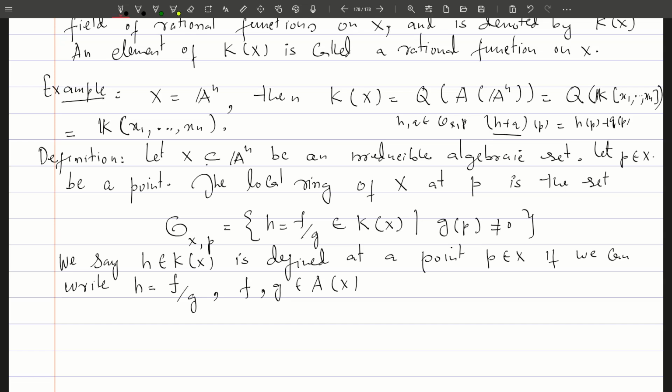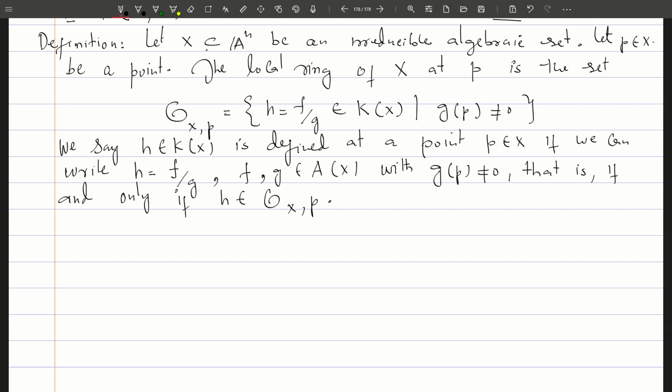So f and g are in the coordinate ring of x with g of P different from 0. That is if and only if this h is in the local ring of x at point P.